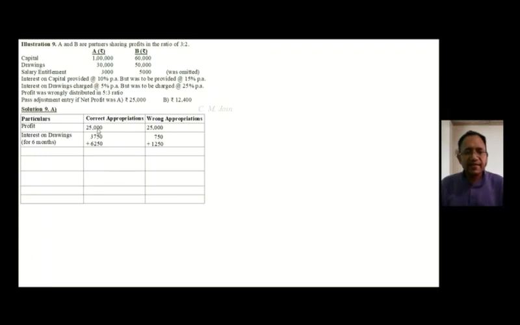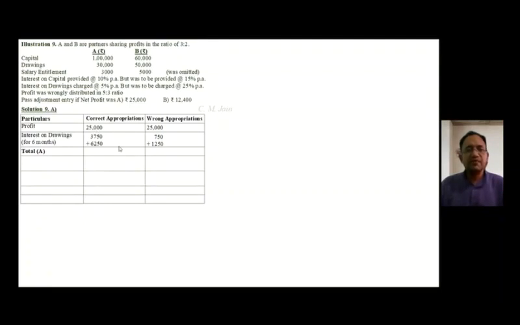Now, by adding these amounts of profit and interest on drawings of both partners, we will come to know how much amount we have for distribution among the partners. So we will total up these amounts now. Write down total, within brackets write A. Now as per correct appropriations, 25,000 plus 3,750 plus 6,250. 6,250 plus 3,750 is 10,000 plus 25,000.